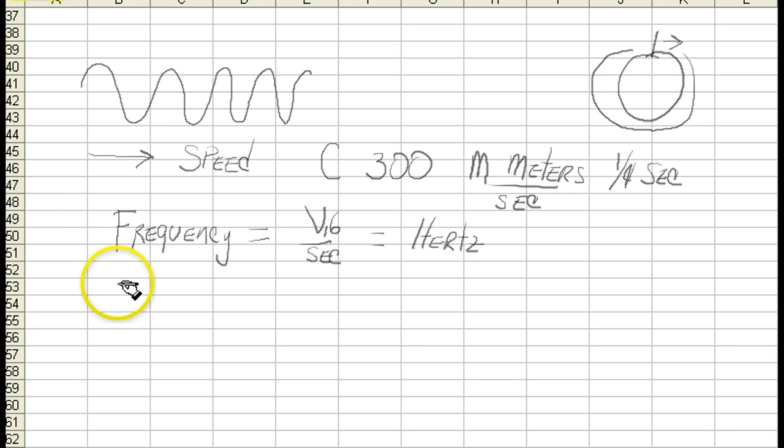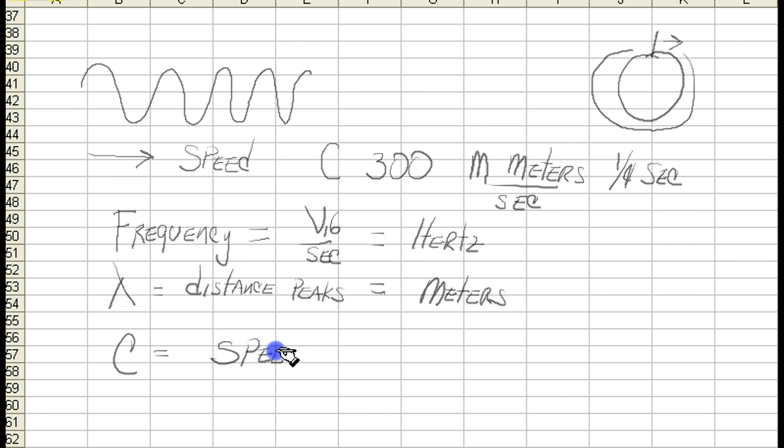We have talked about its wavelength, lambda, which is equal to the distance between peaks, and its units is typically meters, could be other things. And we have talked about the speed at which it travels, which we give the symbol C, and typically that is meters per second.